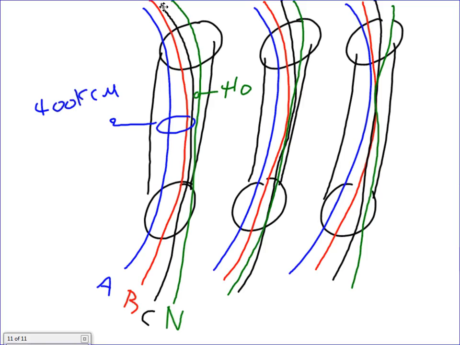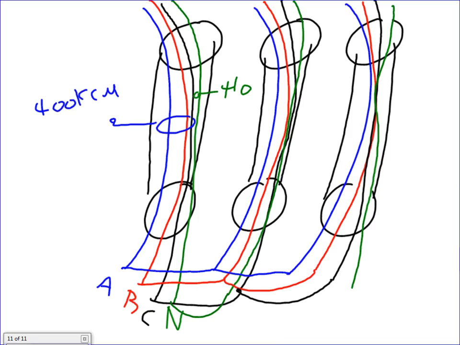Without making spaghetti, you guys can use your imagination how these are going to be tied together at the end, both ends, and the black are going to be tied together at the ends, and the neutral will be tied together at both ends, from the transformer side and from the other side too.